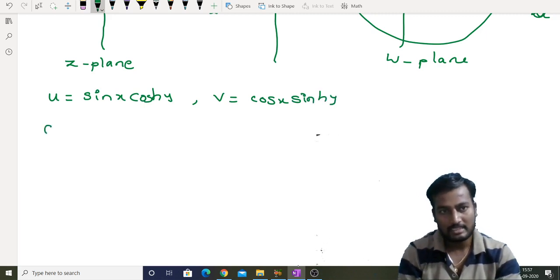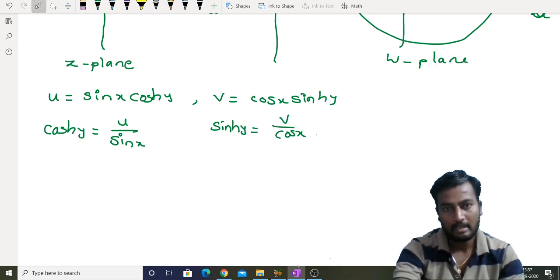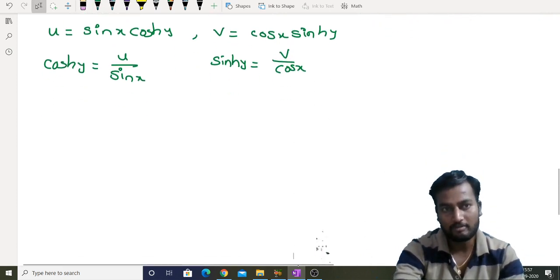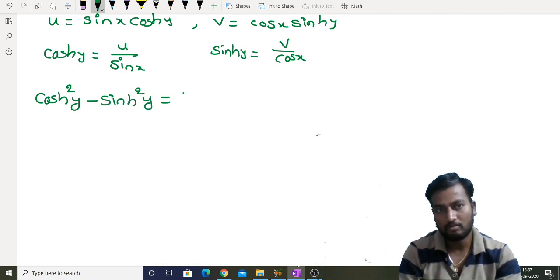Now from this, cosh y is u by sin x, and sinh y is v by cos x. So we have the hyperbolic identity cosh square y minus sinh square y equal to 1.